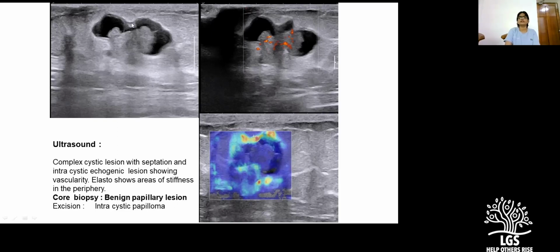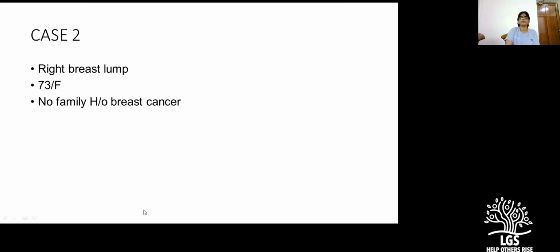Obviously, core biopsies for papillary lesions are very challenging. It's very difficult to convincingly call it benign or malignant, because these are very friable tissue and it gets fragmented as you biopsy. So when you find a papillary lesion, it's always best to excise with a margin, and this indeed turned out to be an intracystic papilloma.